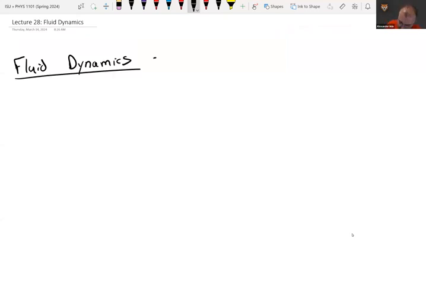Basically, this is the motion of fluids. Now, it turns out that we're going to be looking at an even more simplified view of fluid motion than we did for motion of solid objects. In motion of fluid, you have lots of different types of motion, and the one we're going to focus on is laminar flow.